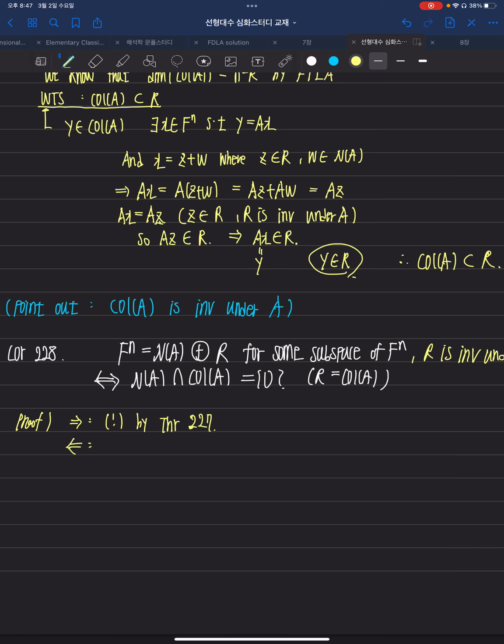Conversely, suppose that the intersection of N(A) and col(A) is the trivial space.